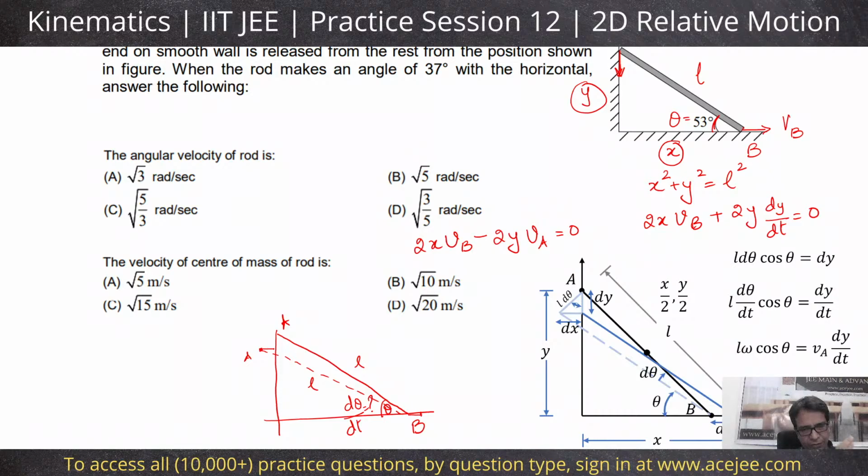Rotate it, keeping B fixed, by d theta, and then just translate it here. So this is dx, the distance by which end B would be moving in time dt, which is the same as this one.